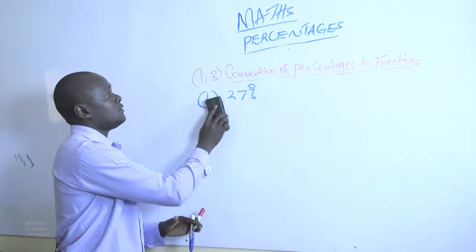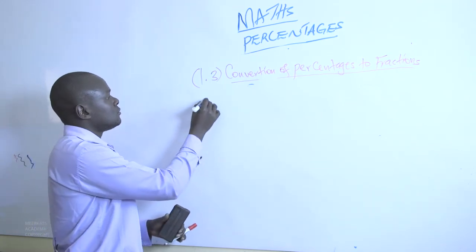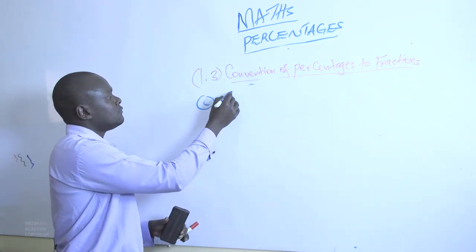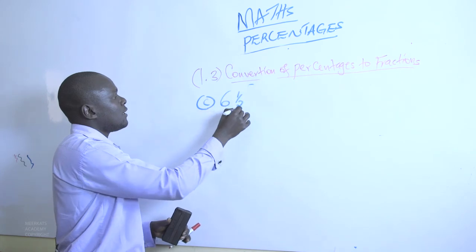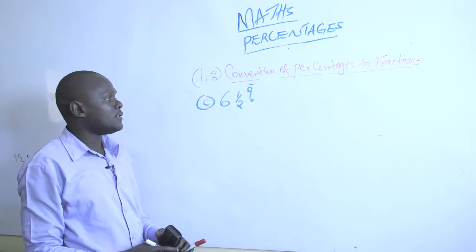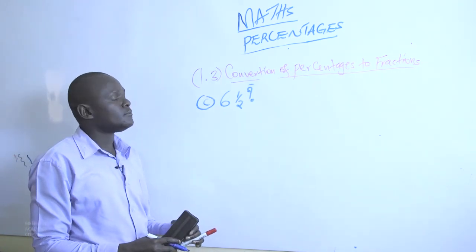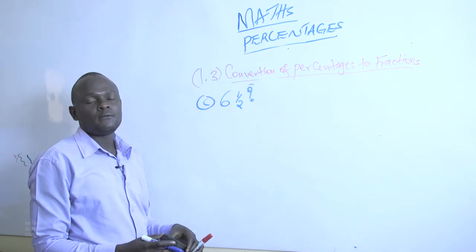Let us look at another example. We can have 6.5%. We want to convert 6.5% to a fraction.